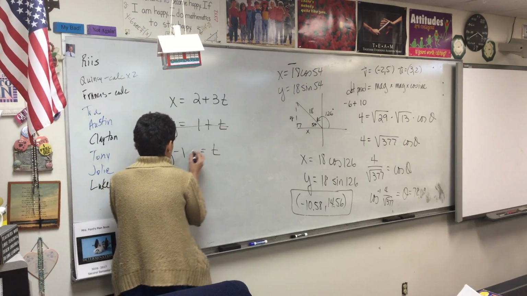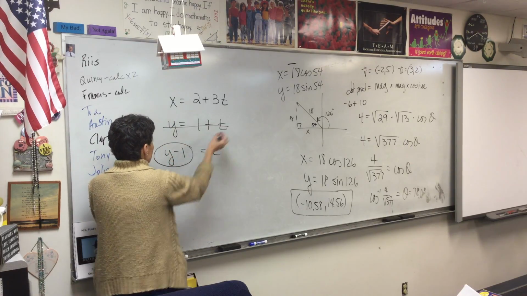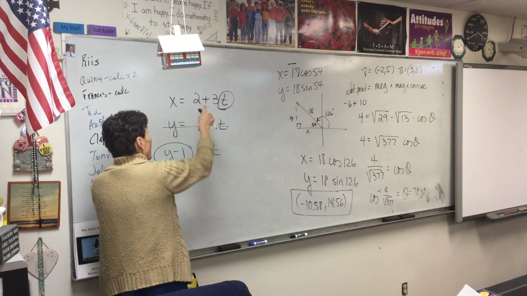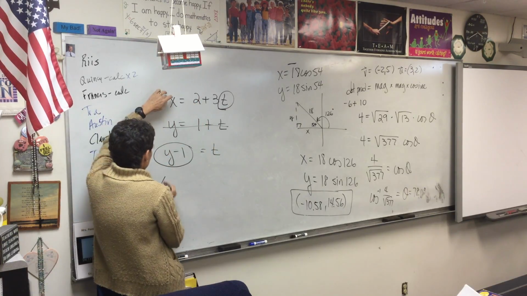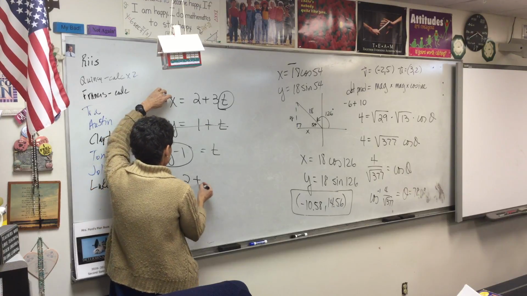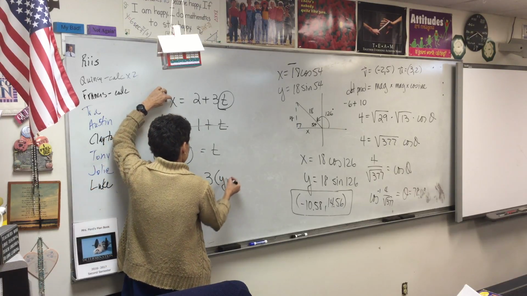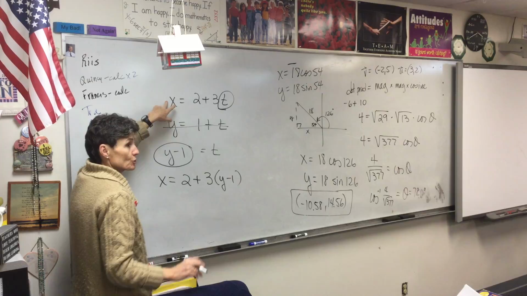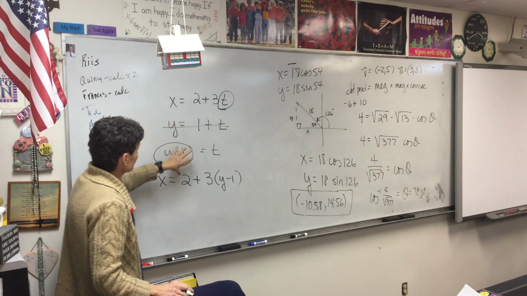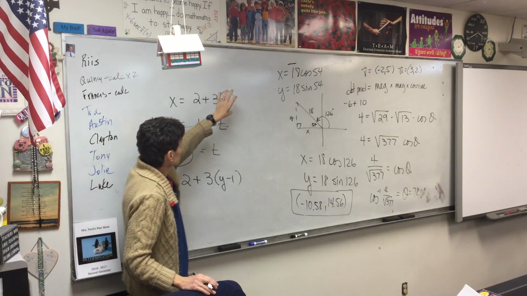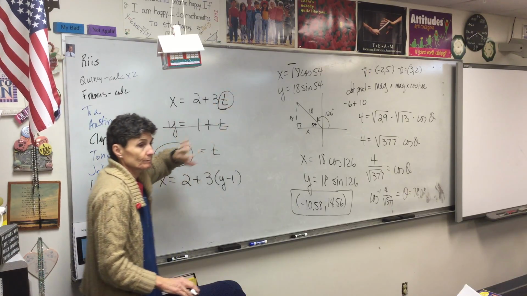That's this equation. So I'm going to take this now and plug it into the other equation. So x equals 2 plus 3 times y minus 1. So I took my y minus 1 and plugged it right in here for t.